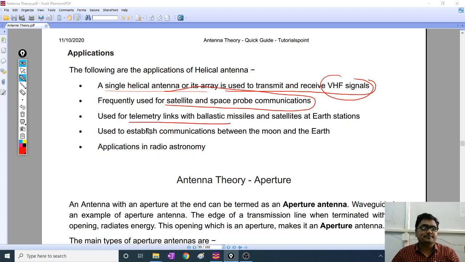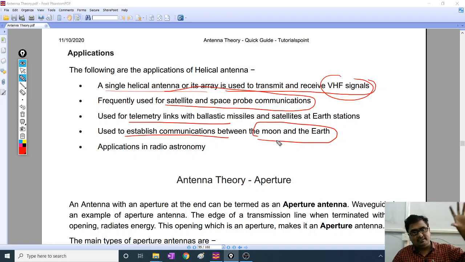Telemetry link, the moon and earth communication, you will get these things when you start studying satellite communication. You will come to know that everywhere in space they are using either dish antenna, helical antenna, or aperture antennas. Normal wire antennas are not used because I want to send the signal to a larger distance, and over the largest distance the wave has to sustain.